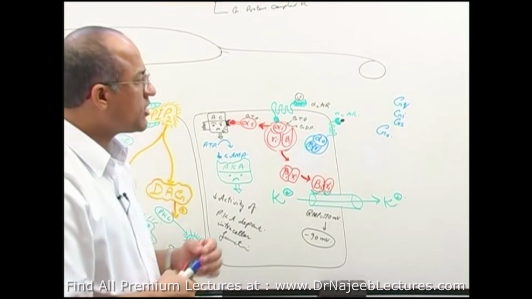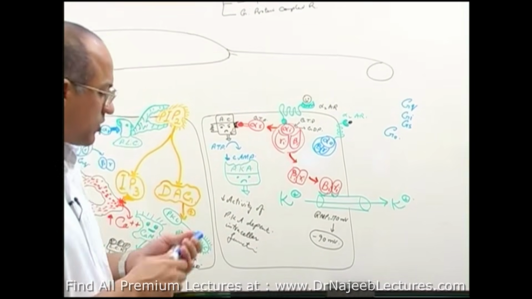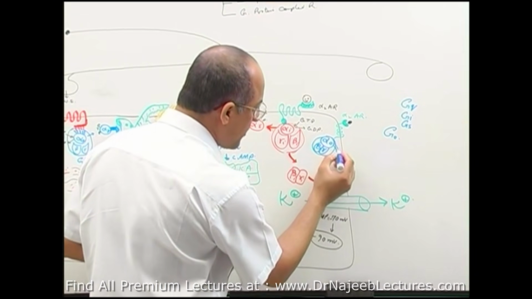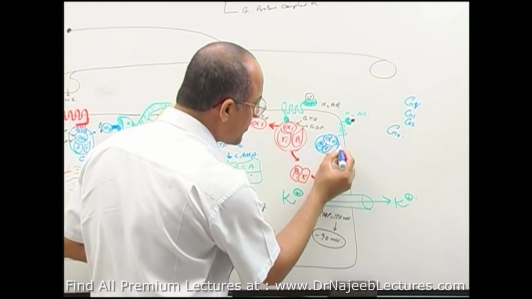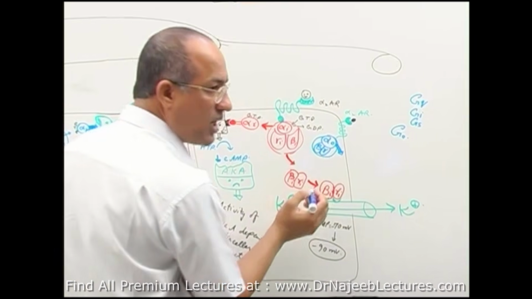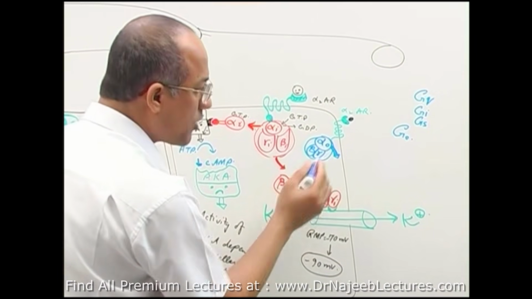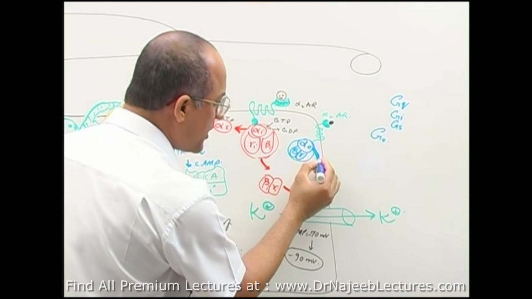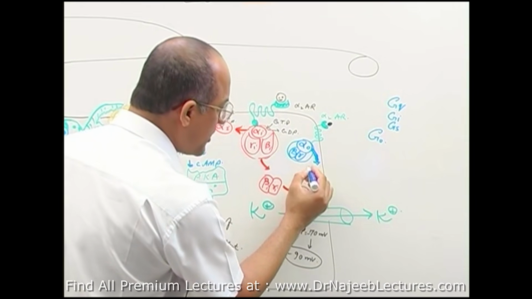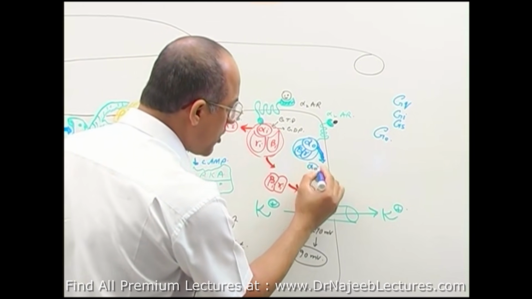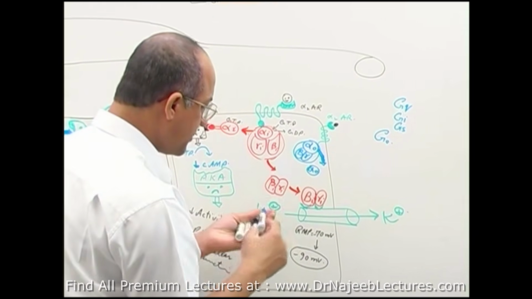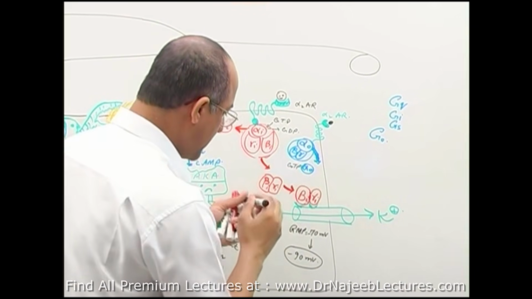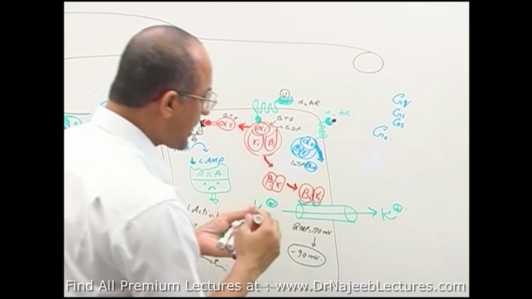Actually alpha 2 adrenergic receptors can stimulate the G naught also, and when G naught is stimulated, of course alpha component will lose the GDP and acquire the GTP, and alpha component becomes activated. And when alpha component becomes activated, then alpha naught loaded with GTP binds with the calcium channels.